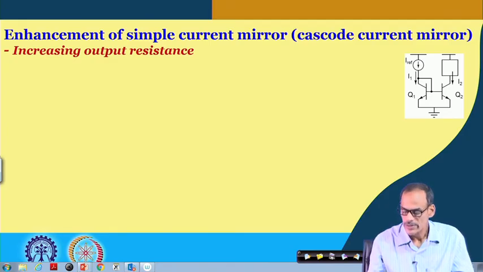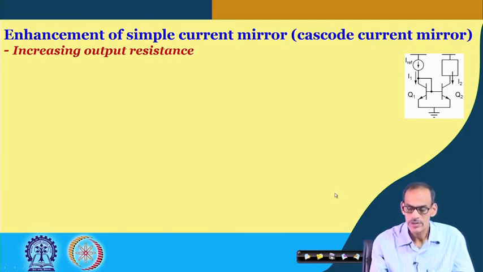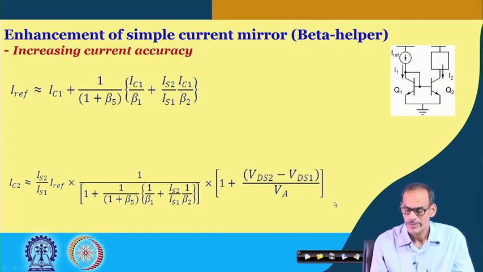So, the other non-ideality factor, namely dependency on beta.